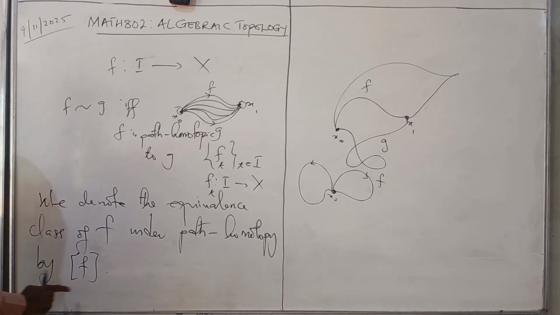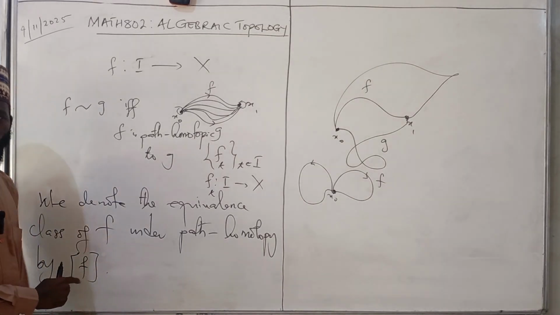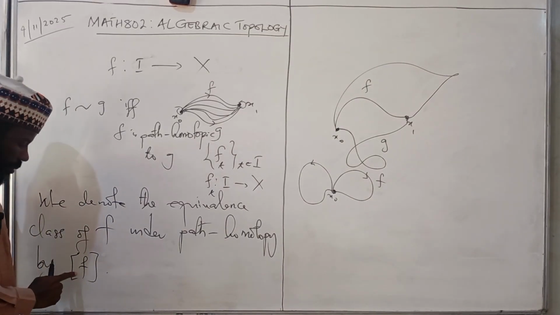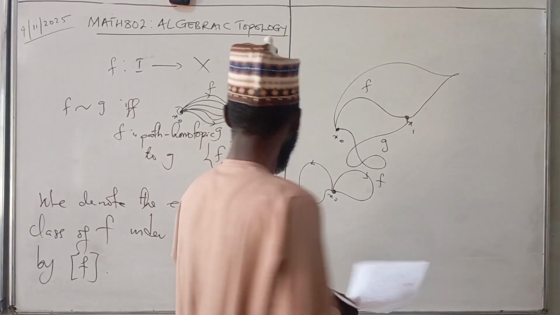This will be the equivalence class of F, that is, the set of all paths that are homotopic to F. So this will be our notation for the equivalence classes.